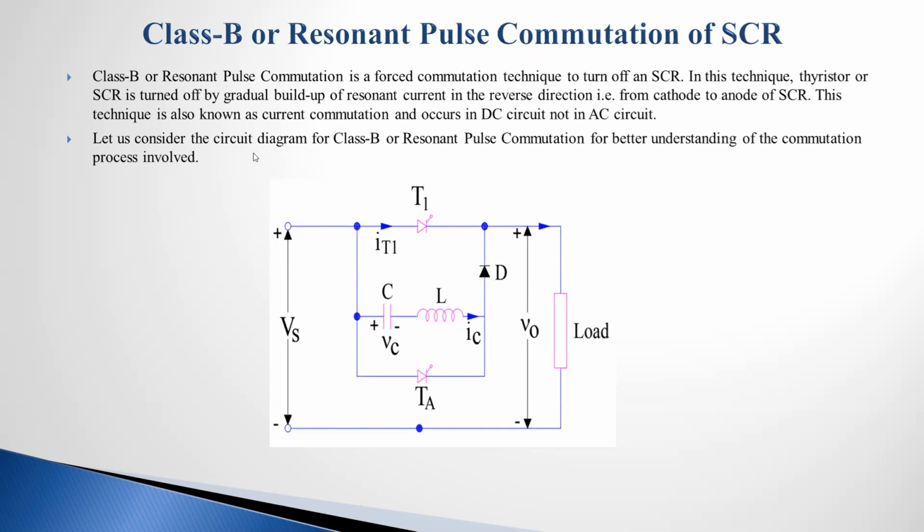Let us consider the circuit diagram for class B or resonant pulse commutation for better understanding of the commutation process involved. This is the simple circuit diagram.